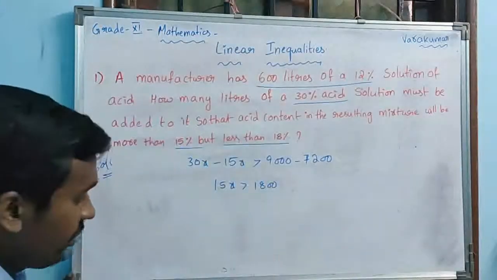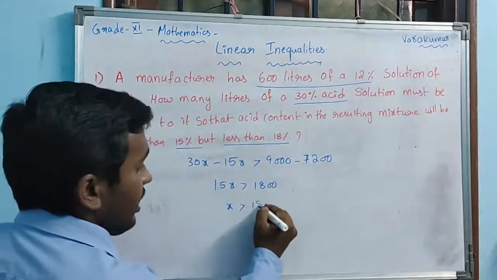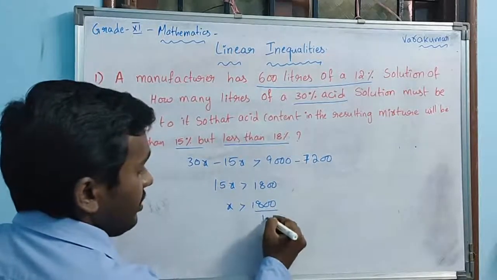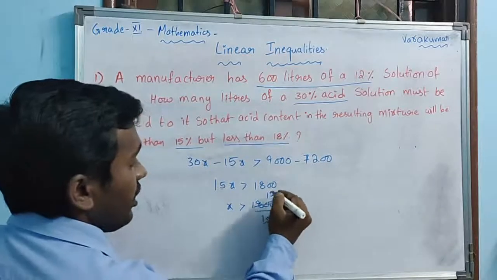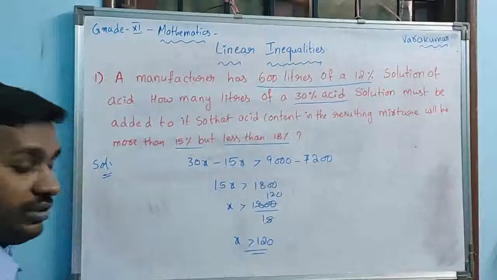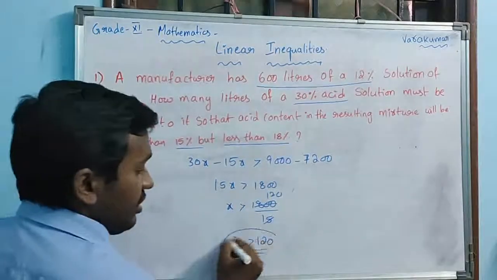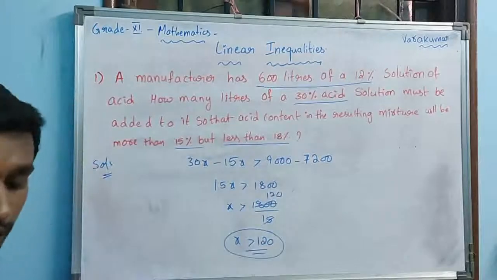Now what do I have to do? We have to divide both sides by 15. 1800 by 15, we will get 120. So x greater than 120. So one result we got. If you take more than 15%, the x value requires more than 120 liters.